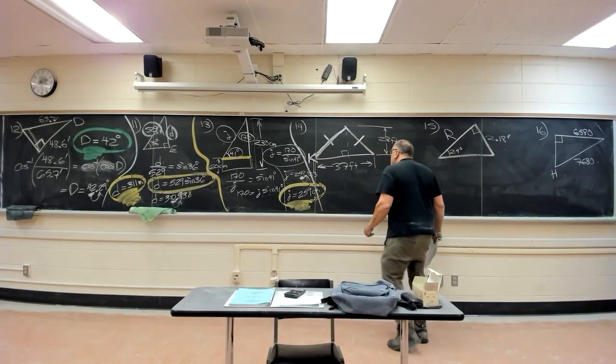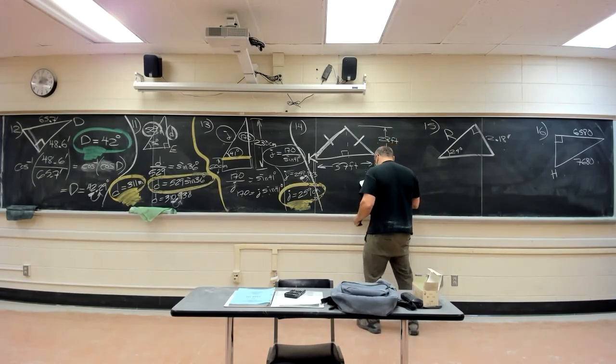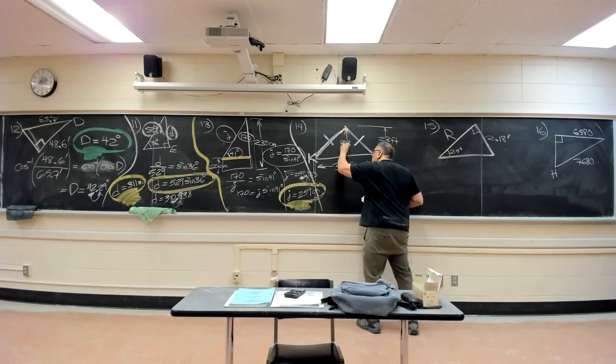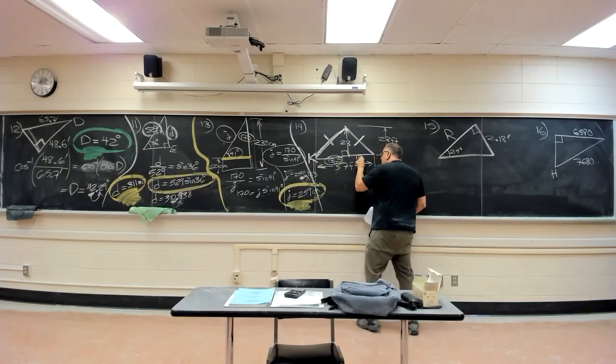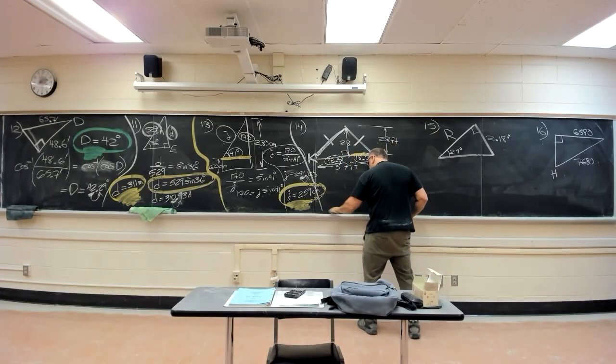Let's take the 28. You've got to find the angle. So this is 28 in height, right here. It's isosceles, so it cuts it in half. Half of the 37 is 18.5 right here, and it's 18.5 right here.